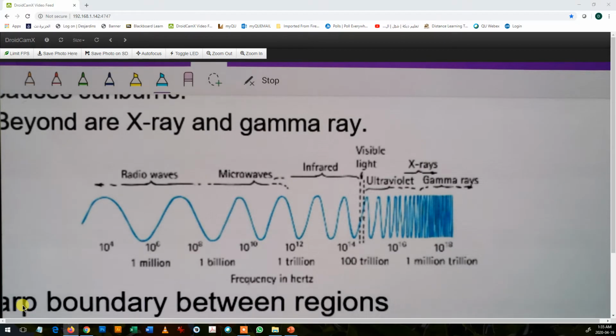Ultraviolet, X-ray, and gamma ray. At the top is gamma ray, very high frequency, the highest frequency of the electromagnetic spectrum.